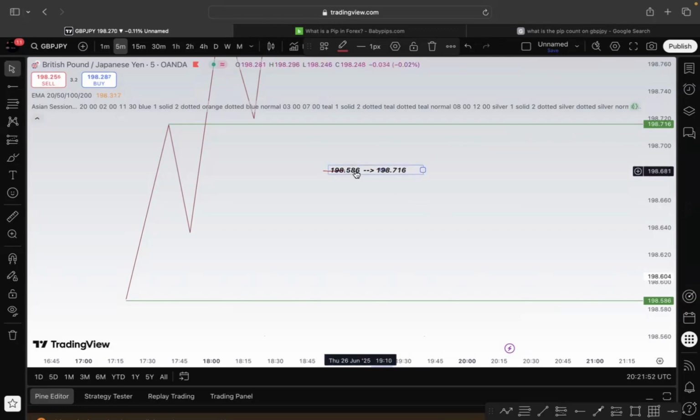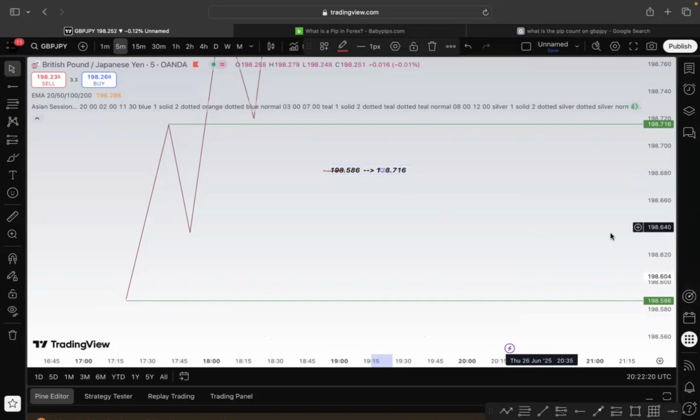The pip count is from the second decimal place. So let's say the second decimal place is the ones column, like ones, tens, hundreds, thousands, that thing you learn in class 1. It means that the decimal place right before the ones column is like the 10th decimal place.